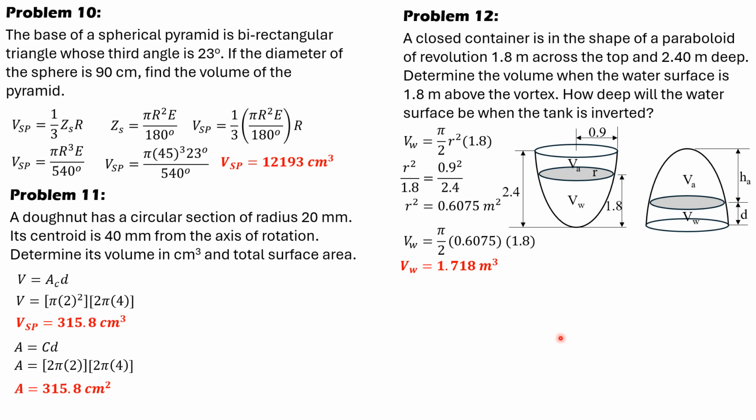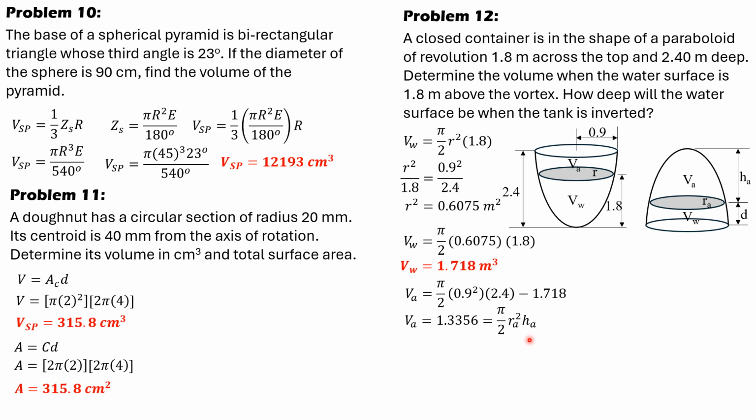The volume of air is the volume of the tank minus the volume of water, 1.718. So the volume of air is equal to 1.3356, and we equate that to pi over 2 R_A squared times H_A, where R_A is the radius of this part.